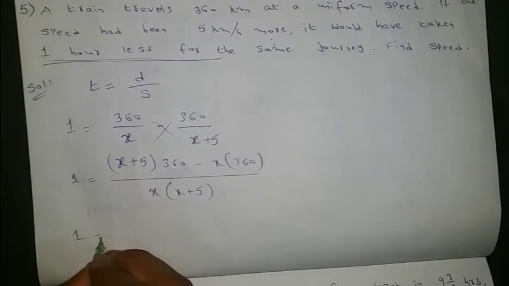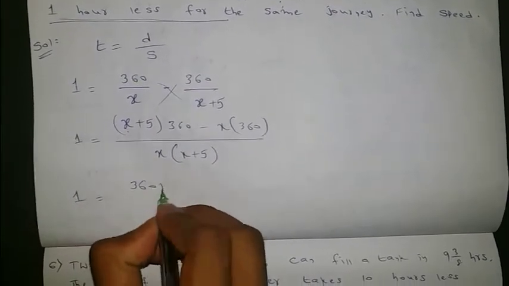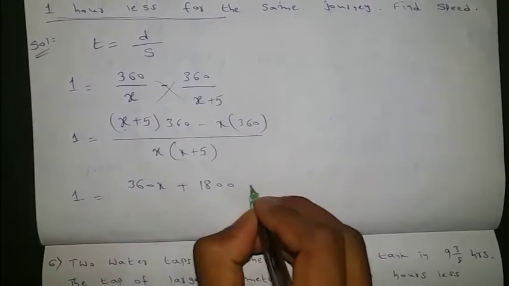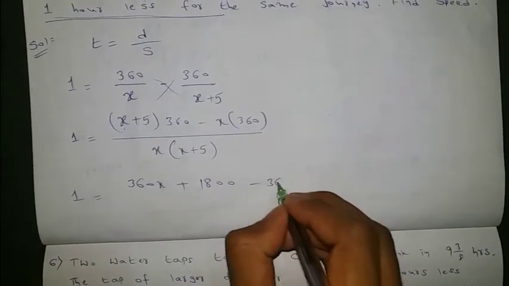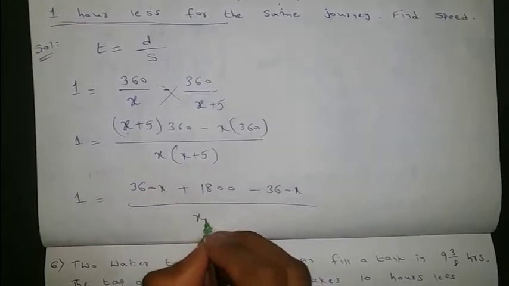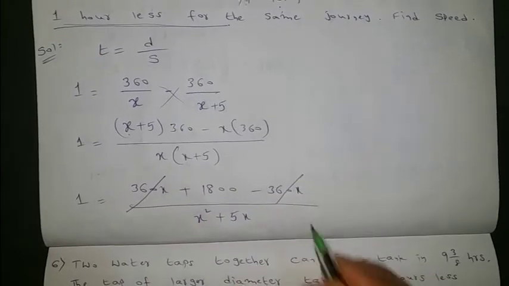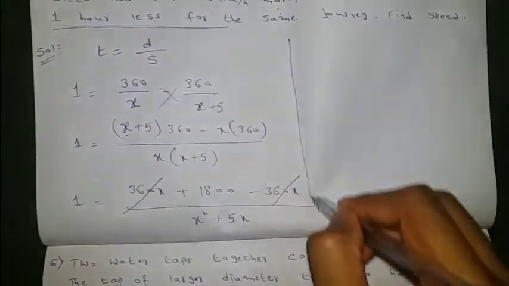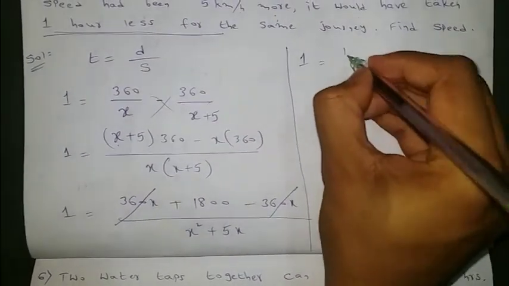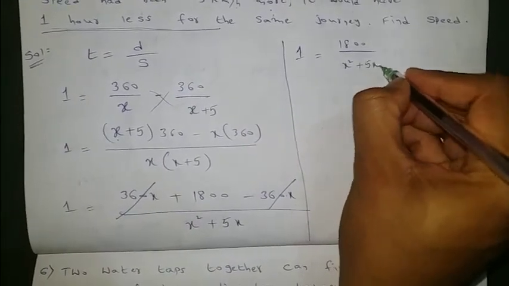So 1 is equals to 360x plus 5 into 360, 1800, minus 360x, whole divided by x into x, x square, plus x into 5, 5x. So plus 360x minus 360x will get cancelled. So we remain with 1 is equals to 1800 divided by x square plus 5x.